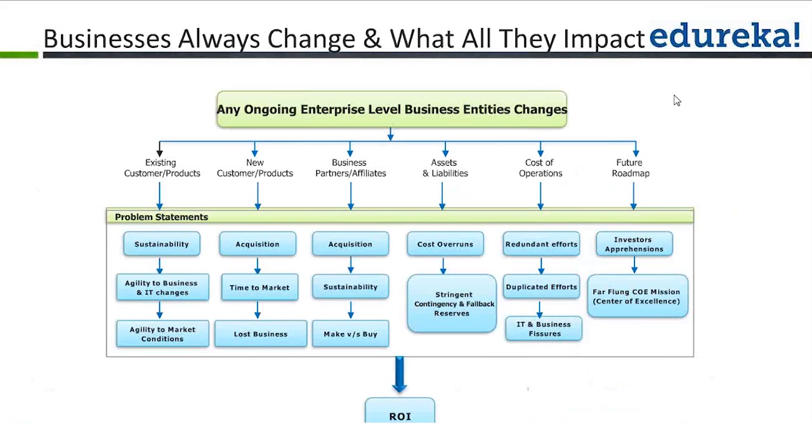So I started from generic to specific: I say IT application, then I came to module, then I came to services, right? This slide is just to give you an overview of why these changes are needed for any system to adapt, for sustainability, for cost overruns, right? Time to market. If you see, I'm just highlighting my arrow, time to market.